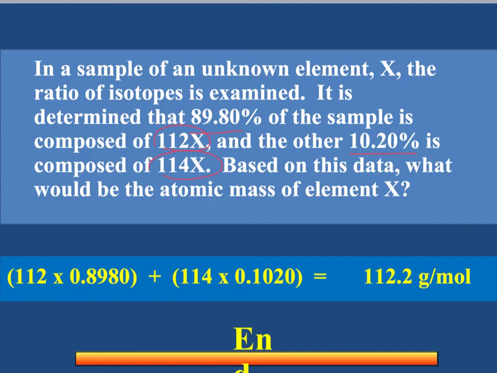So again, we're going to take our 112, because that is our isotope number they gave us, and we're going to multiply that by 0.8980. And we're going to add that to taking 114 and multiplying that by 0.102. And the answer would be 112.2 grams per mole. Okay, so in this situation, you're always multiplying and then adding together.